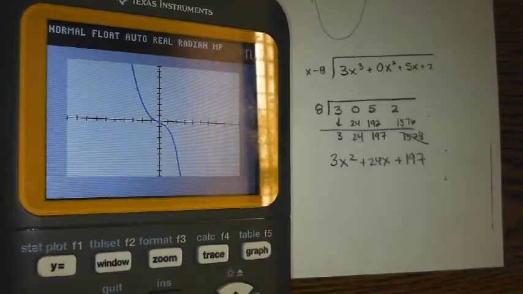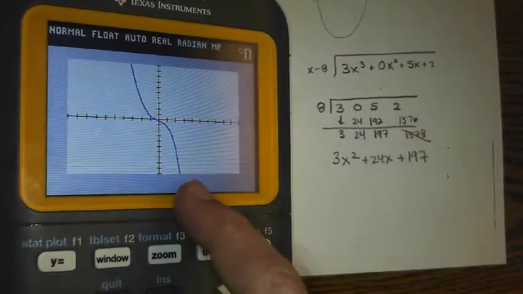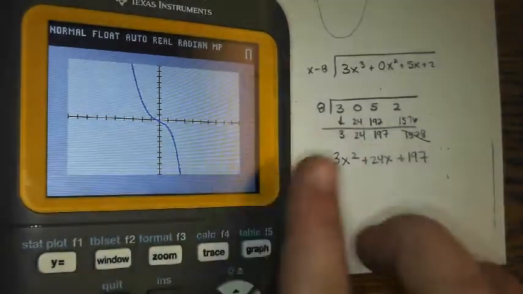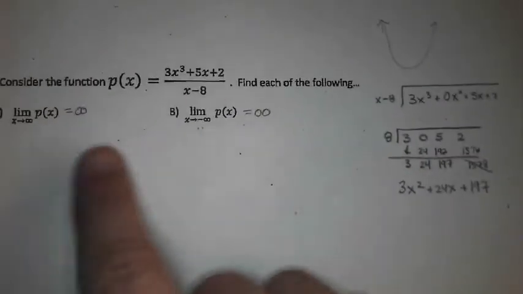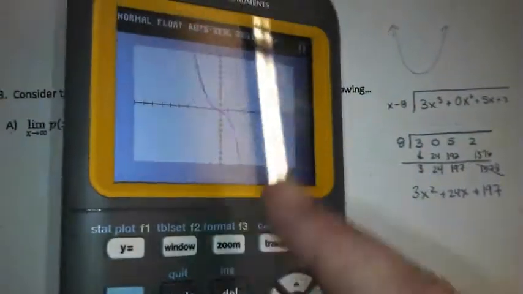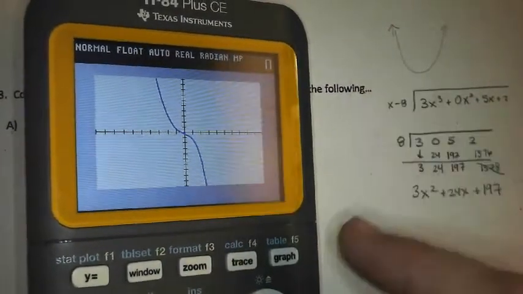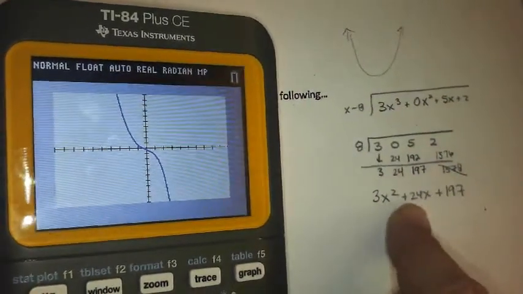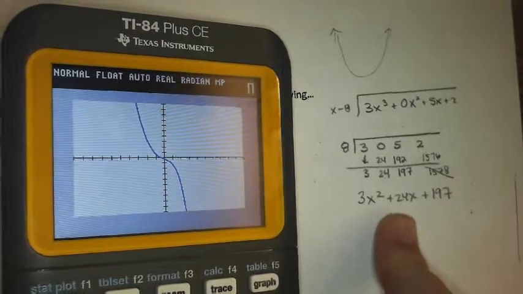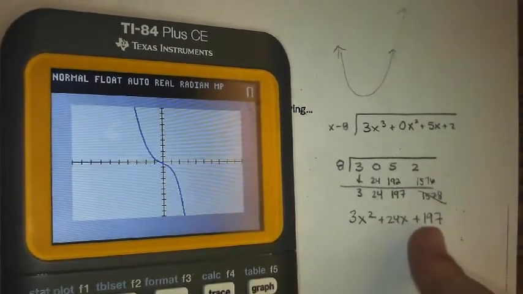Oh, not bad. So that's my function, although I have a feeling I'm missing quite a bit of it over here, mainly because I was pretty confident that as this is approaching infinity, my function will also approach infinity, right? So I think this will probably turn around. I'm not seeing any of this quadratic, probably because it got shifted up 197 units, right?